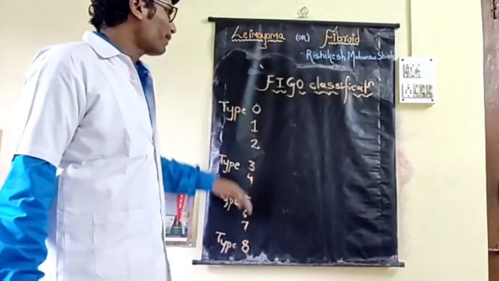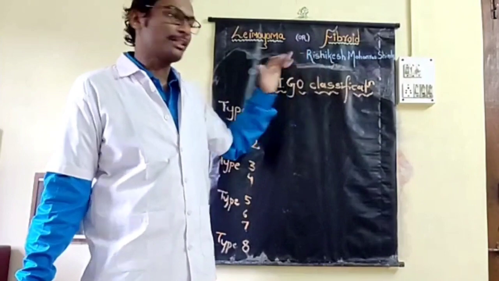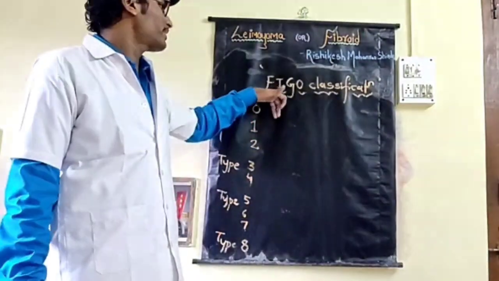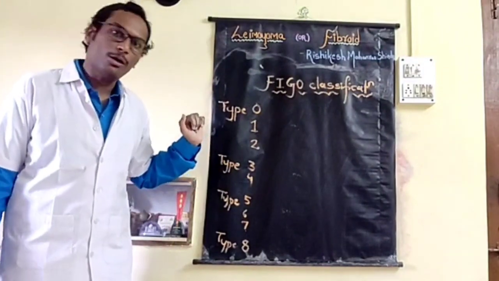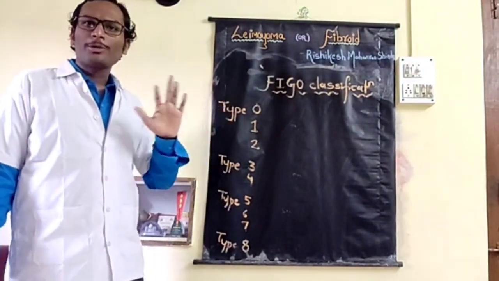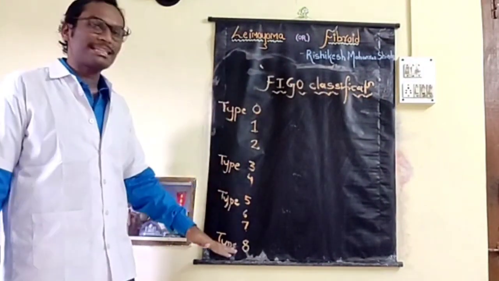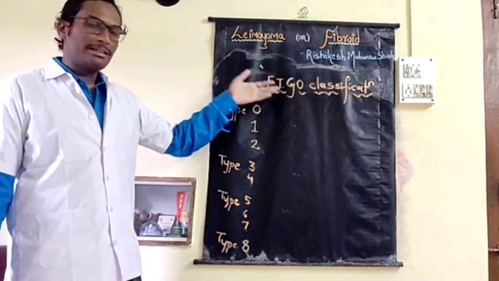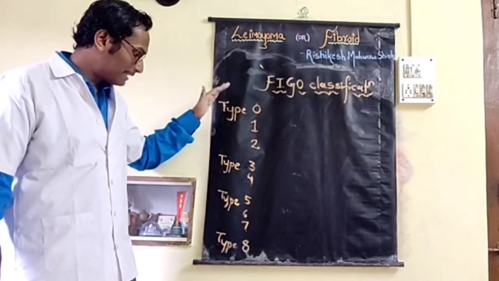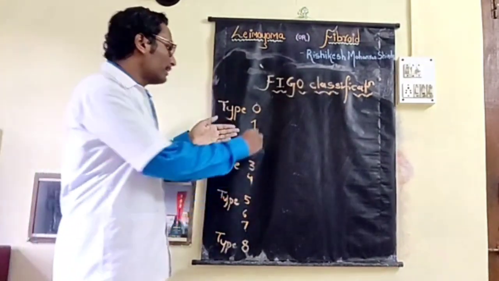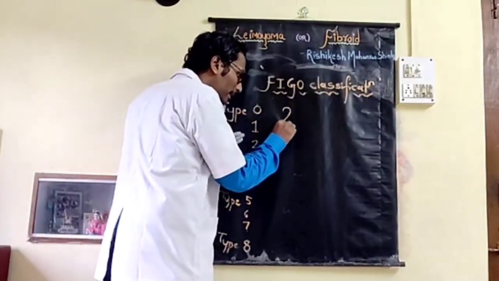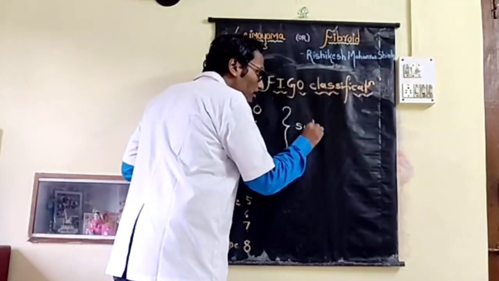Now, talking about our last topic, the FIGO classification. FIGO is the Federation International of Obstetrics and Gynecology Society classification of fibroid. No need to go into the details of this; we will just have an overview. FIGO classified the fibroids into type 0 to type 8. Types 0, 1 and 2 are included in submucous fibroid.